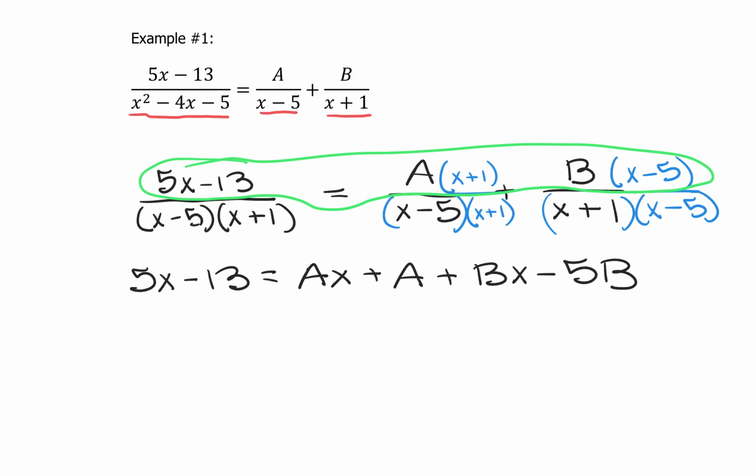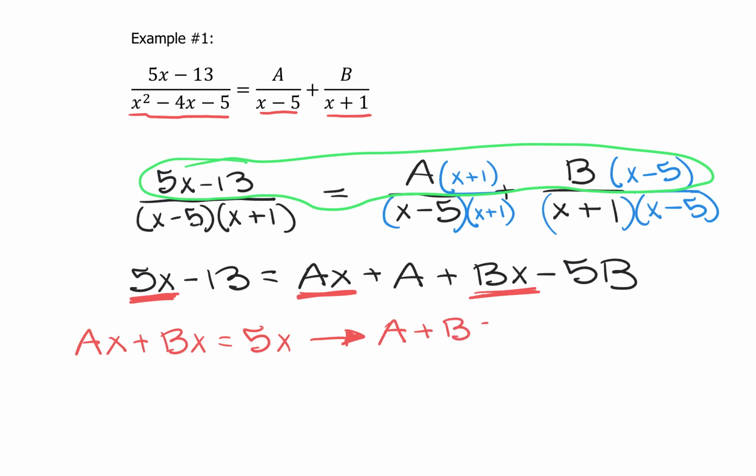So we start to just kind of match the different terms. So I see on my left side, we've got a 5x. On my right side, we've got an ax and a bx. And so, if we know that 5x is ax plus bx, that tells me that ax plus bx has to match to 5x. Or we could think of it as those coefficients added up have to sum to 5.